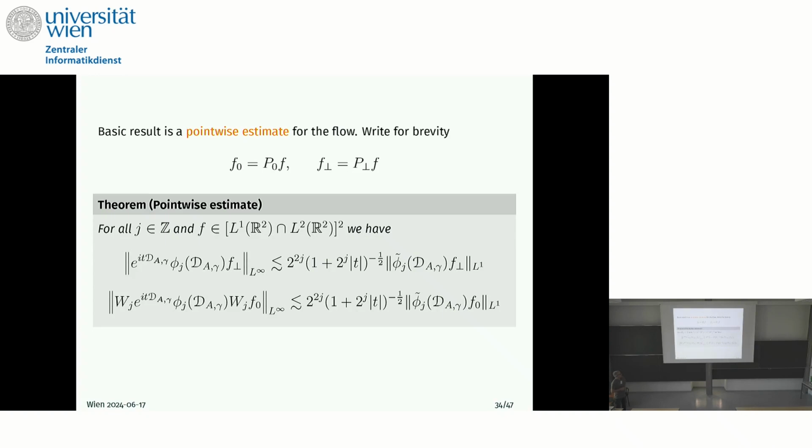But for the 0 component, we get a weighted estimate. This is not too surprising. Even for the free Dirac equation, the best estimates have some weights, so as a first result, we are pretty satisfied. So the singular component needs some weight.